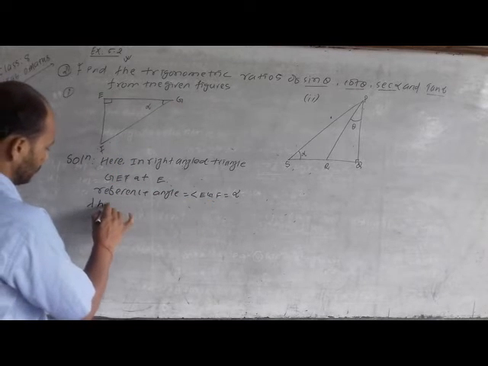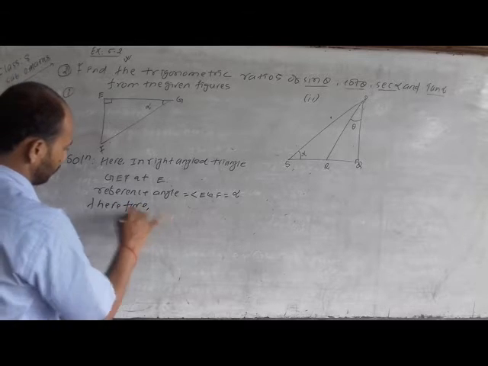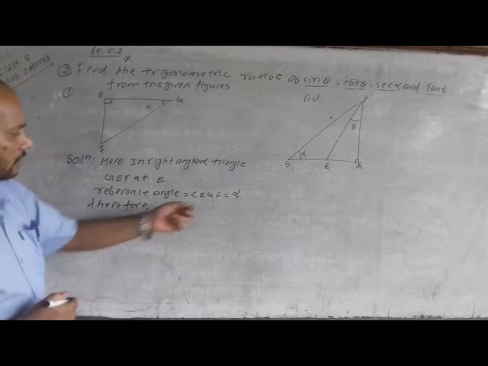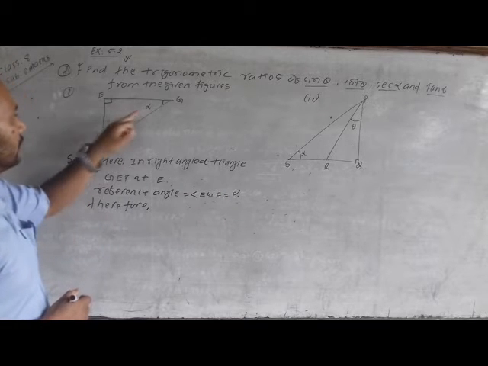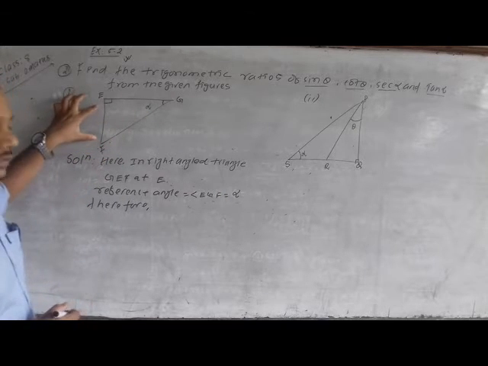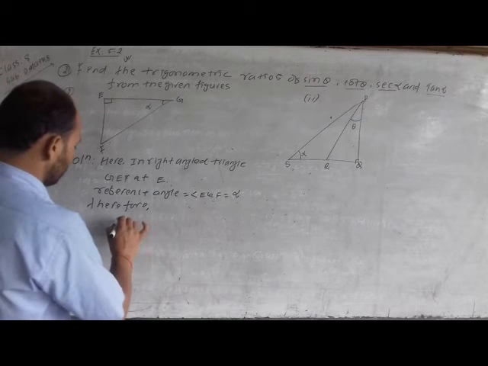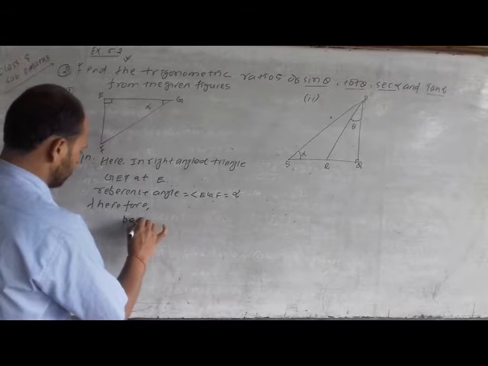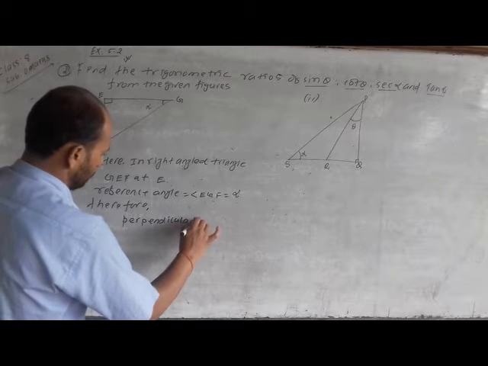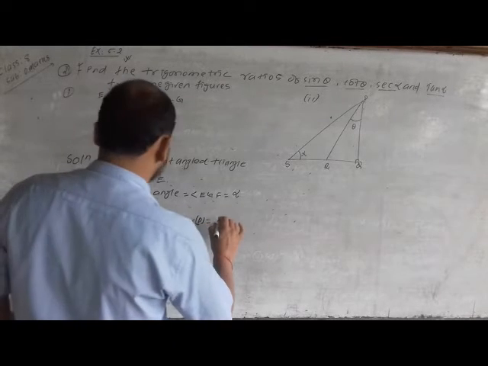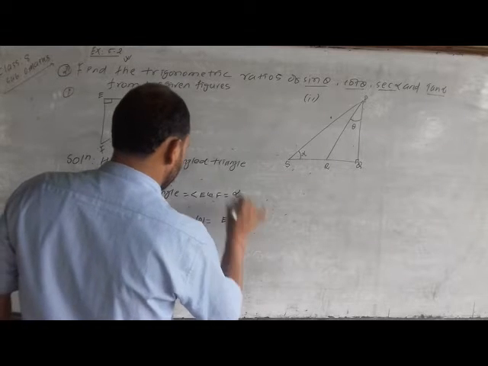Therefore, you know the side which is opposite to the reference angle is perpendicular. So here which side is opposite to the reference angle? EF. So this is perpendicular. Therefore, perpendicular P is equal to EF.